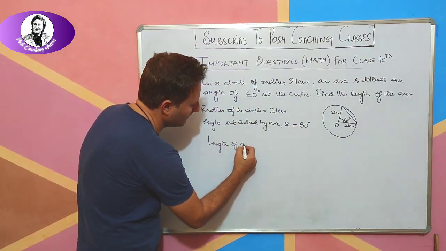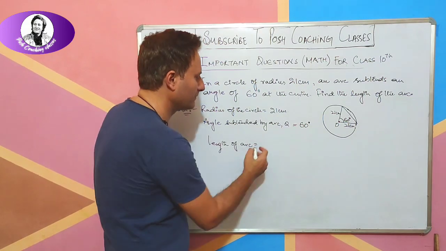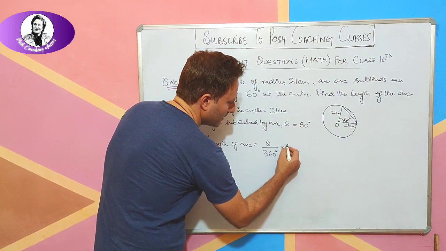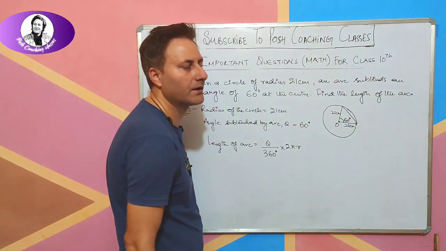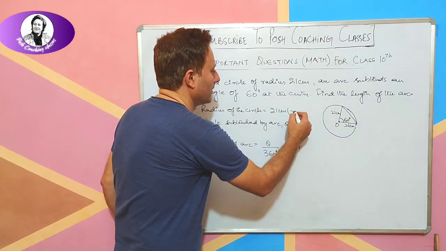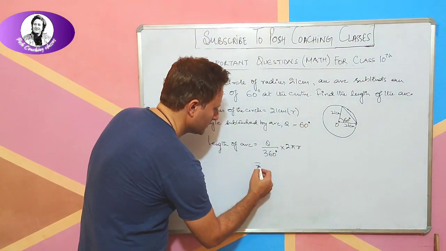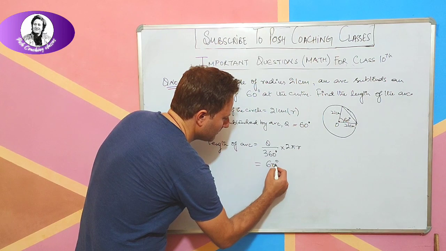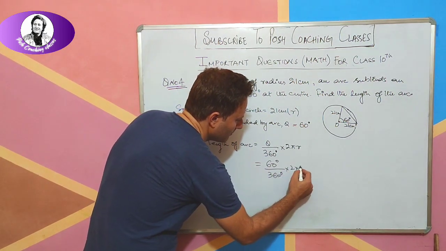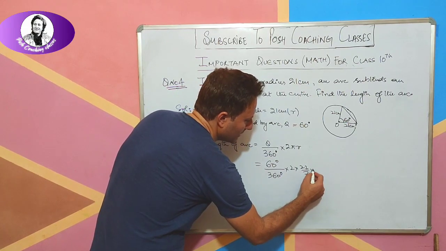Length of arc is theta upon 360 degree into 2 pi r. Theta upon 360 into 2 pi r. R is here, theta is 60 degree. Then we have 360, 2 pi, 22 upon 7.